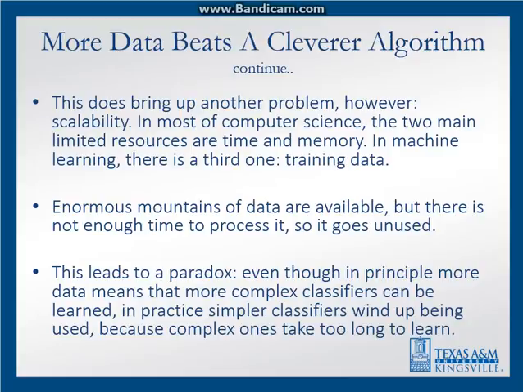This leads to a paradox. Even though in principle more data means that more complex classifiers can be learned, in practice simpler classifiers wind up being used because complex ones take too long to learn.